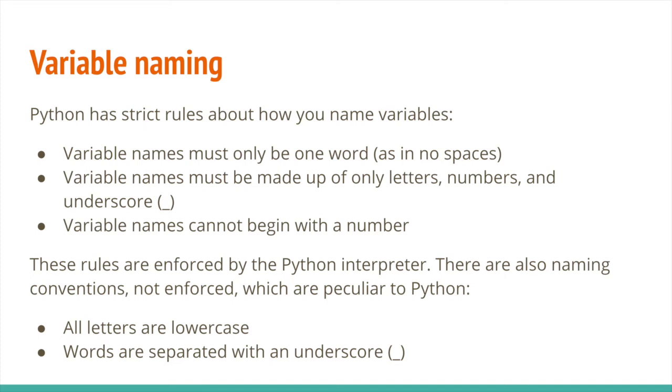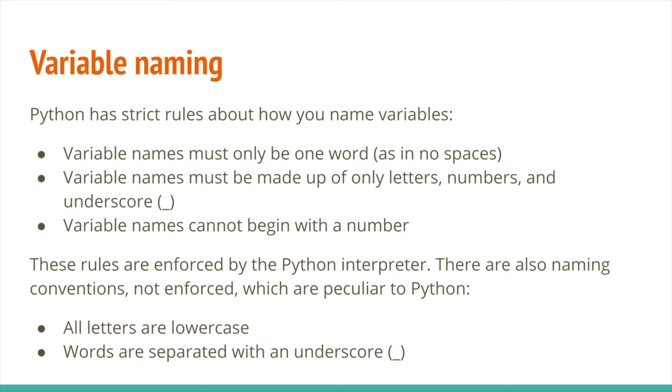Within those rules, you have a wide range of ways that you can come up with names, but there are also conventions in Python that restrict the kind of names you come up with, and they're pretty strong conventions. The Python interpreter will not complain if you go outside the conventions, but your fellow programmers will complain.